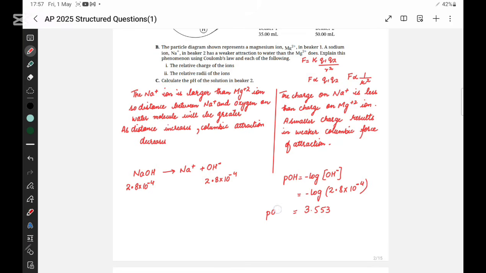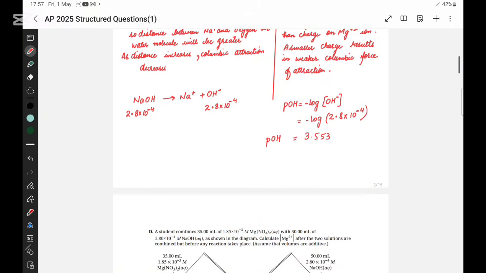This is pOH. Then we know pH plus pOH is equal to 14. If we want to find the value of pH, pH plus 3.553 is equal to 14, and pH comes out to be 10.447. That is going to be the pH.